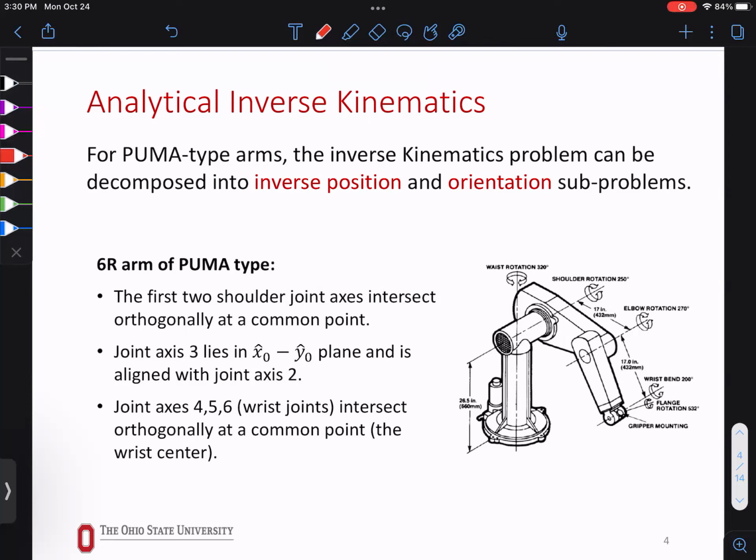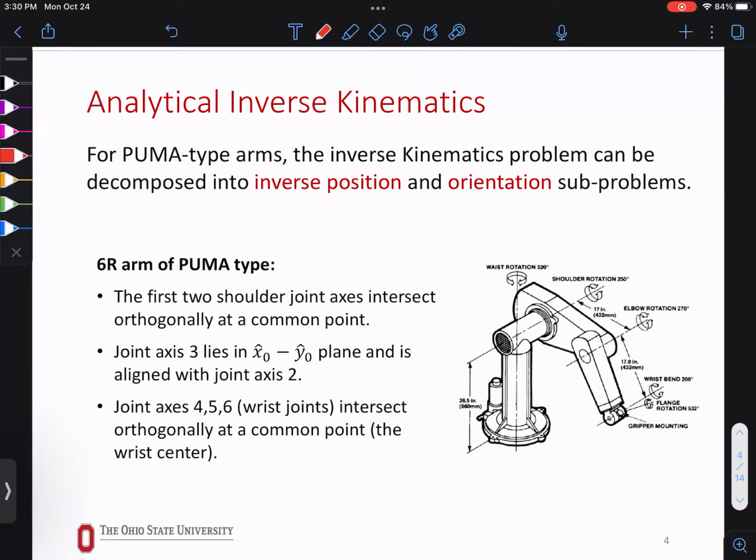For more complicated cases, especially if you have the wrist attached, you have to solve for inverse orientation, because you actually don't know where things will end up. For the inverse position, it's pretty straightforward, just like what we did. Inverse orientation is a bit more complicated.